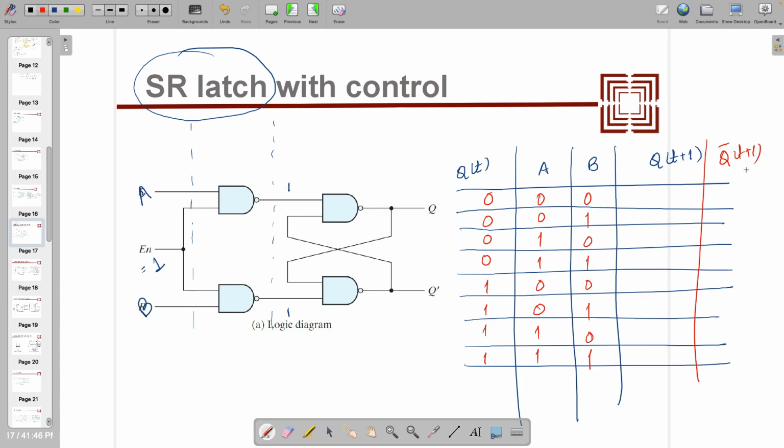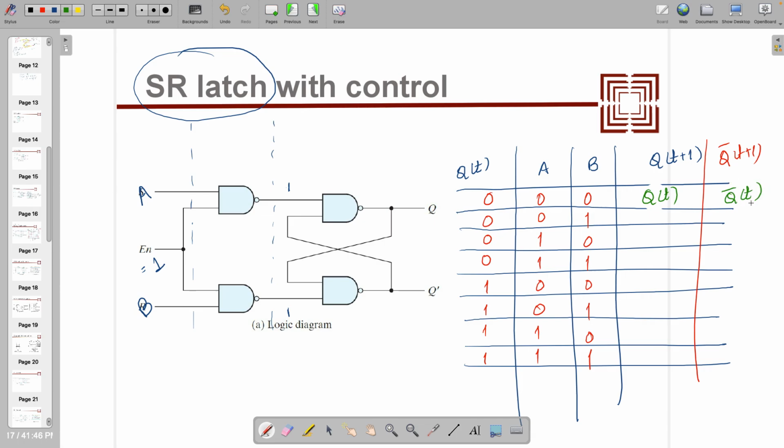So what's going to happen if both are 0? If A and B both are 0, what will be the output? It will latch. So whatever was the previous one, this has to be Q of t, and this has to be Q bar of t.